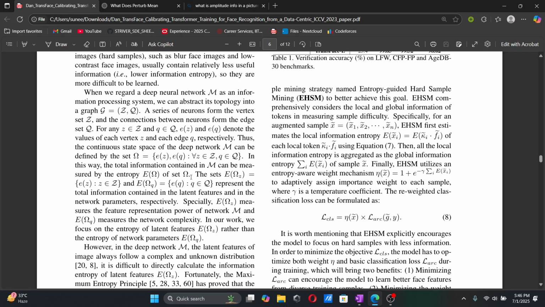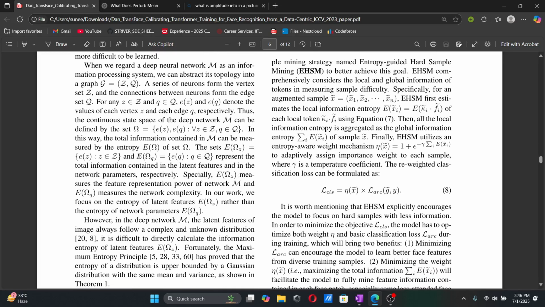Okay, E of Z is the... You can take the value of a vertex as the bias of the vertex maybe, and the value of the edge as the weight of that edge maybe, and the total information in the neural network as the entropy of the network.